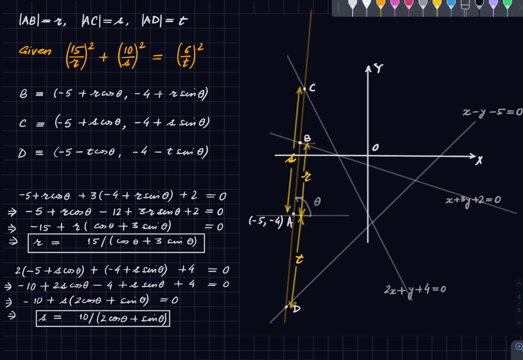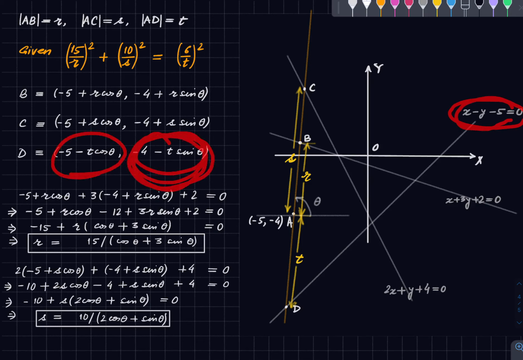And now finally we need to do the same thing for t. And I'm a little bit scared because I have to use another page. So let's do it. There is no option. The line that we have to satisfy is x minus y minus 5 equals 0, and the point it has is this one. So x is minus 5 minus t cos theta. Such a bad handwriting.